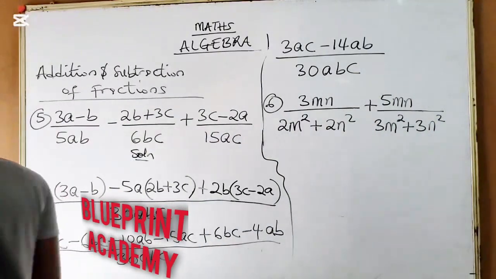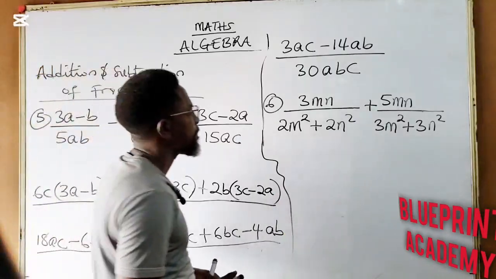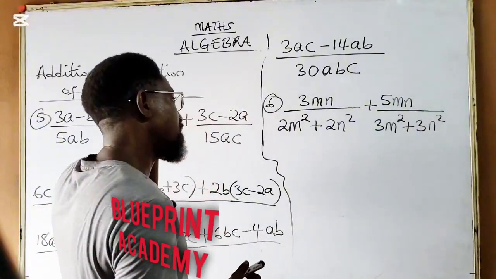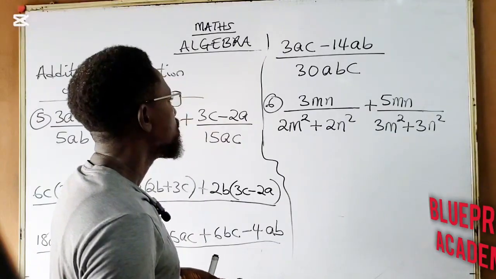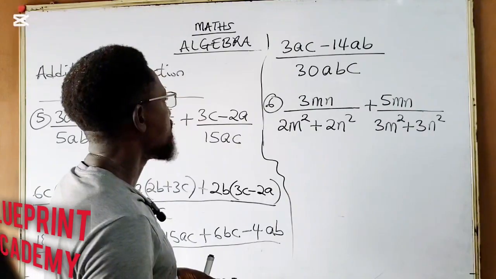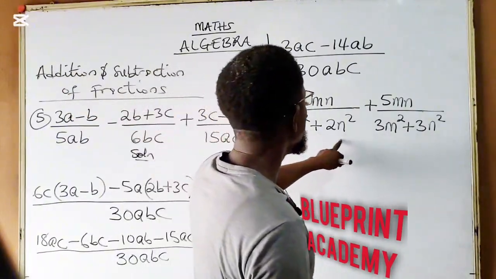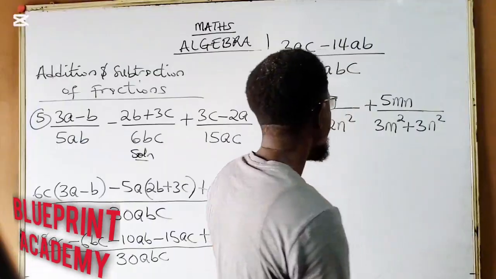And let's take a look at that. Now for this particular one here, this is similar to what we did before. Try and see what you can take as the LCM. This is 2m squared plus 2n squared. This is 3m squared plus 3n squared.